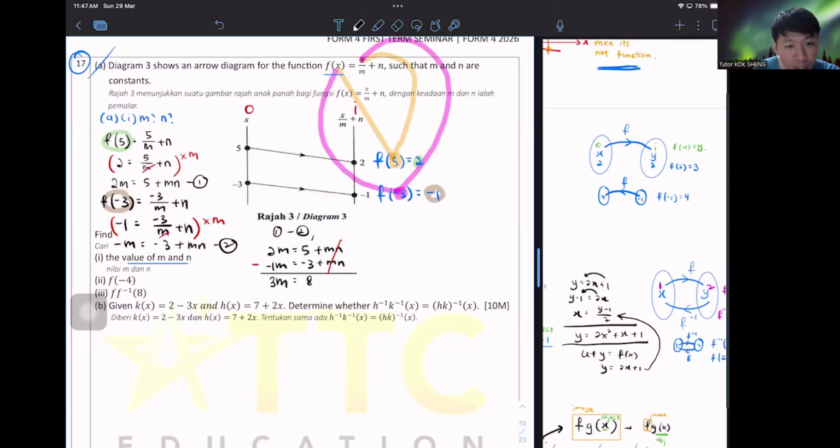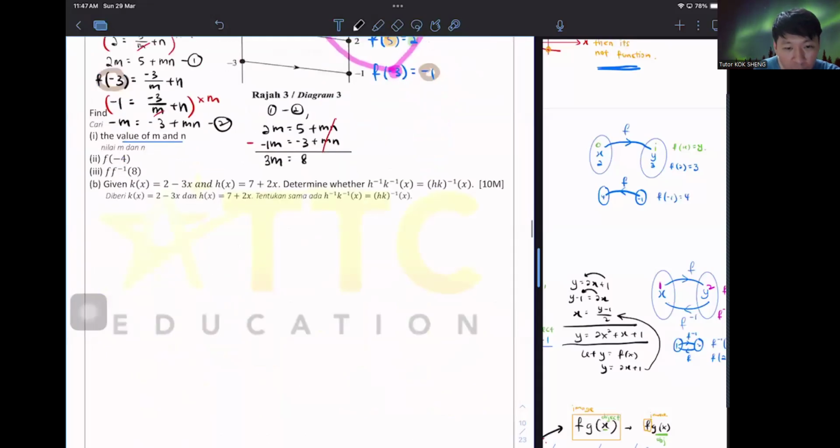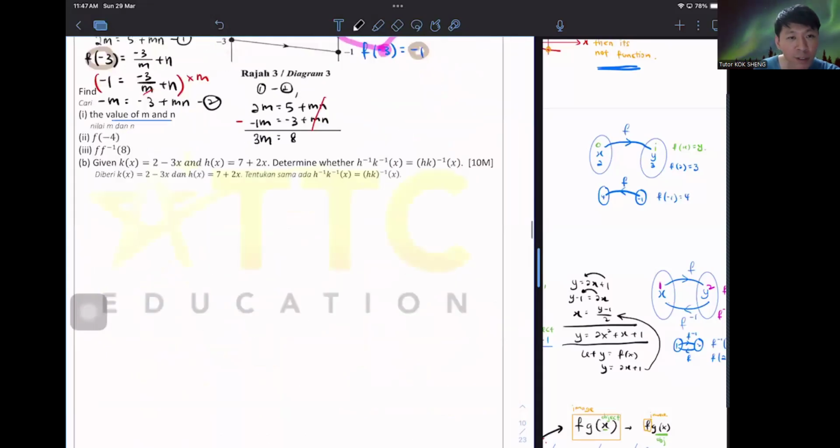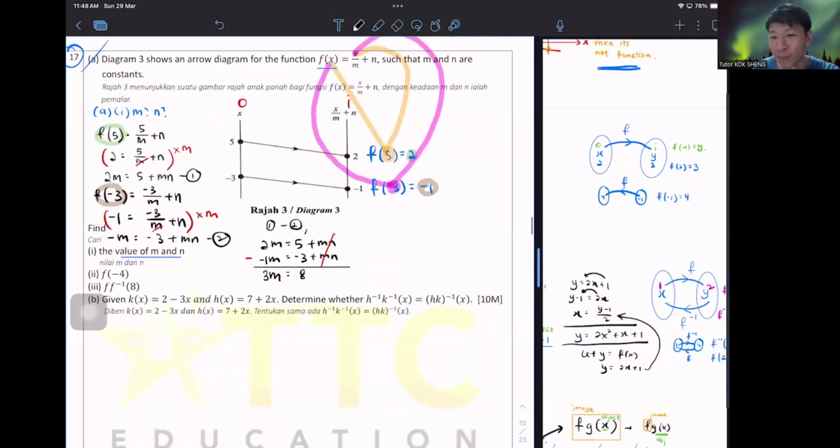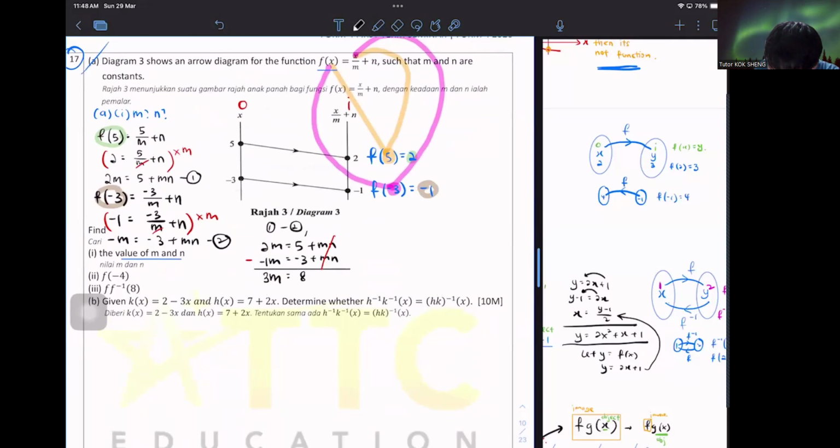The answer is a fraction. Let me check first. Oh, really? But I think in the exam you feel a bit insecure because the answer is a fraction. So m is 8/3. Done. Next, we can substitute it back into either 1 or 2 to find n.